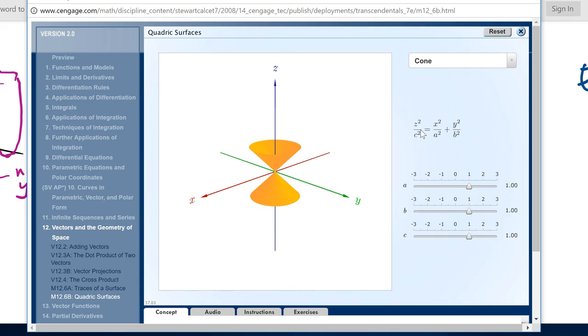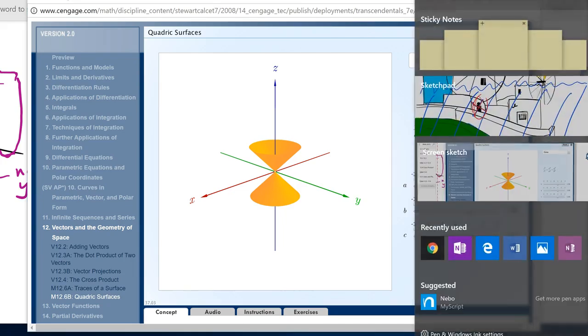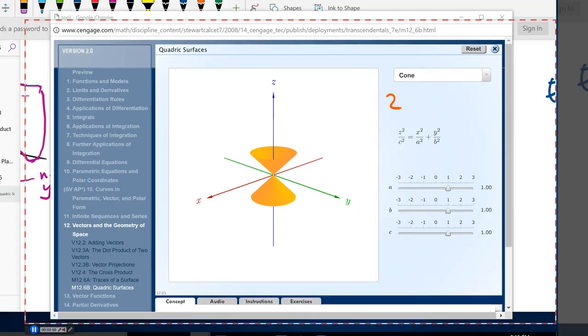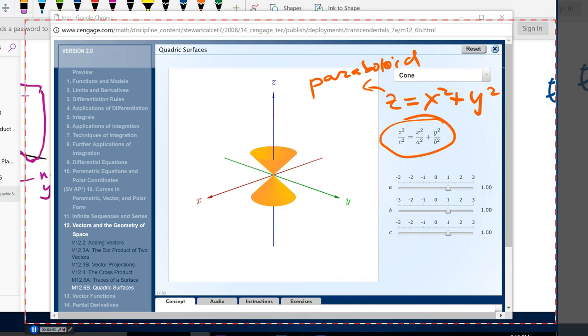If it's z equals x squared plus y squared instead, it'll be a bowl. So z equals x squared plus y squared. This is a paraboloid. But if it's z squared, like you see here, it's going to be a cone.